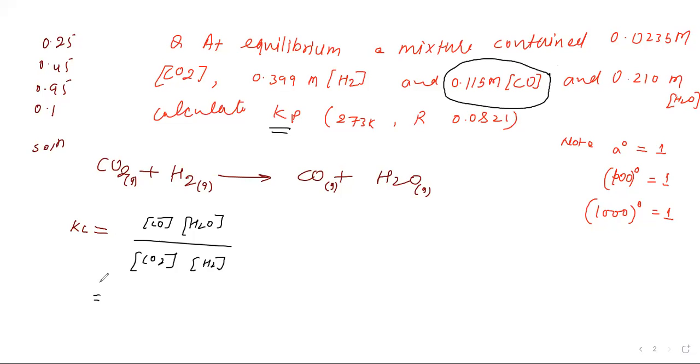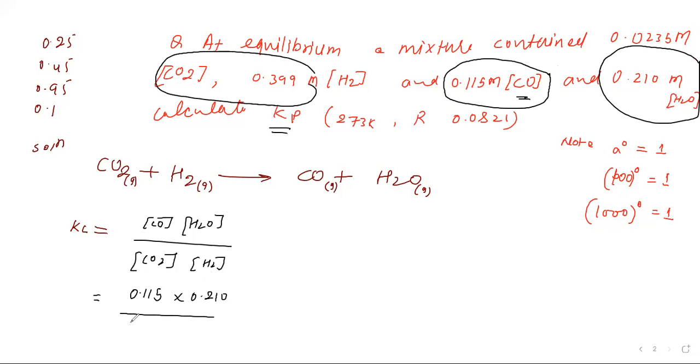CO value is 0.115, times the H2O value, 0.210. For CO2, the value here is 0.0235, and for H2 it is 0.399. Wait, the earlier one was wrong.